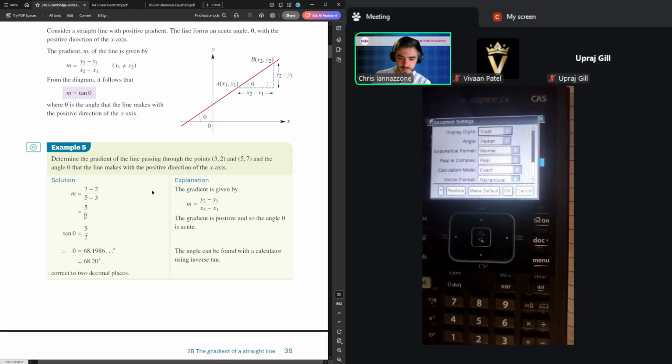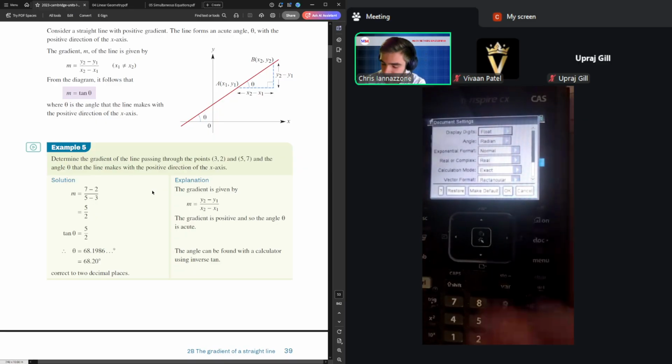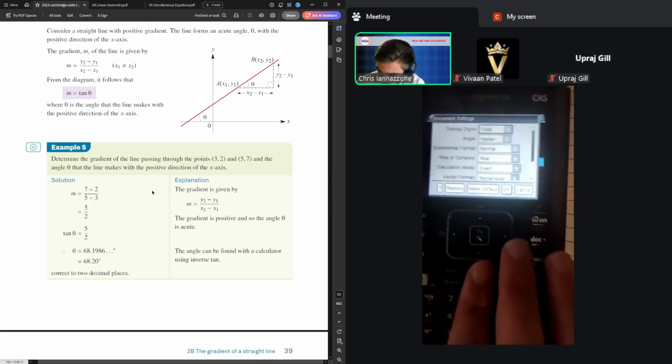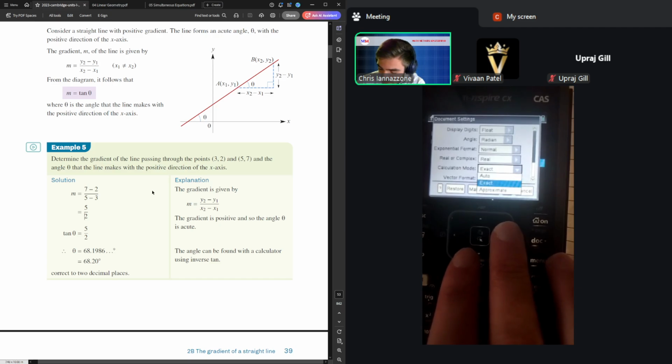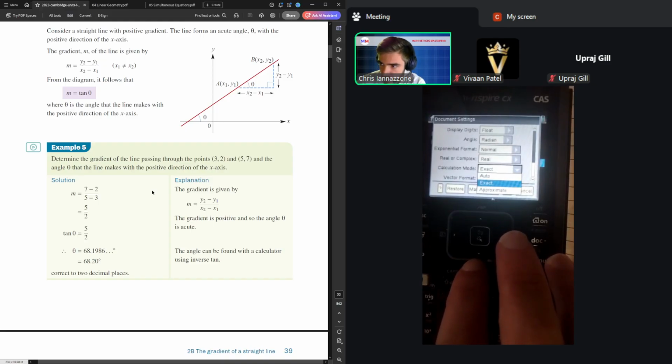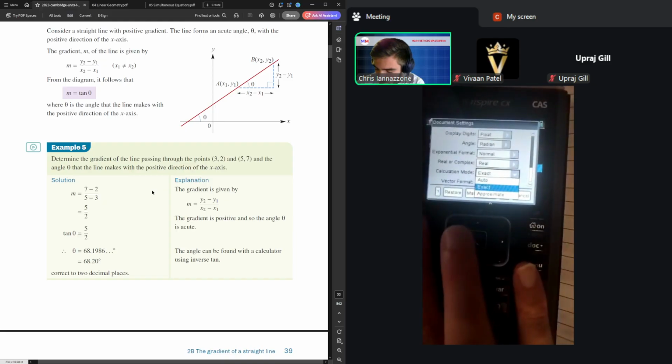There's a whole bunch of things you'd probably want to practice or play with here. Angle was one of them. If you end up doing spec, real or complex is going to matter. Calculation mode, please have it in exact. If you have it in auto, sometimes it will give you a decimal and you won't be too sure whether or not there is actually an exact form of it. If you set it to exact, you're forcing that to happen.